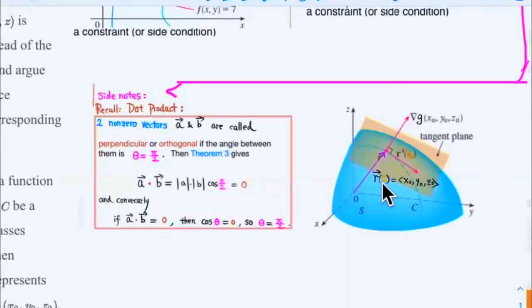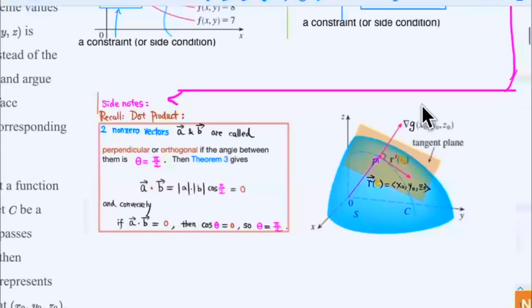See over here, at this point, this is the tangent plane. And the gradient vector is going to be perpendicular to this tangent plane. This is the gradient of it. Okay, gradient vector is always perpendicular to the tangent plane. Okay, and the tangent plane is defined as a plane whose normal vector is the gradient.